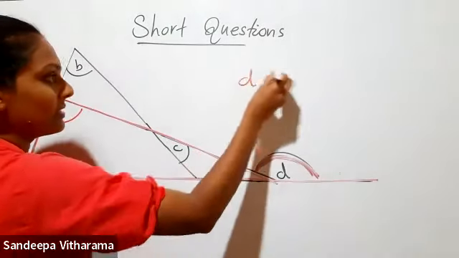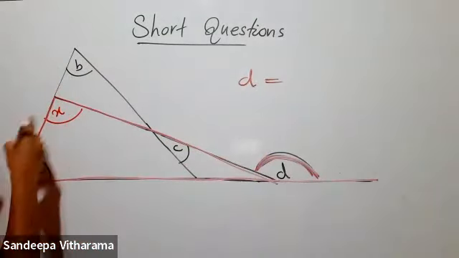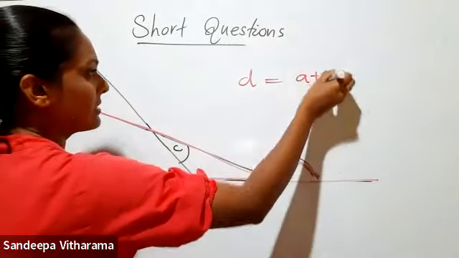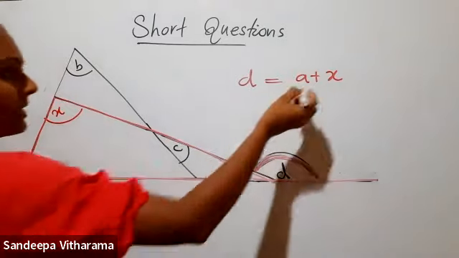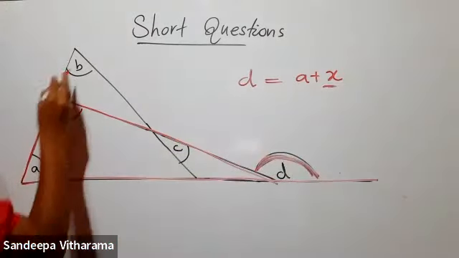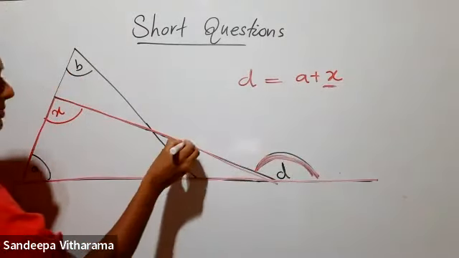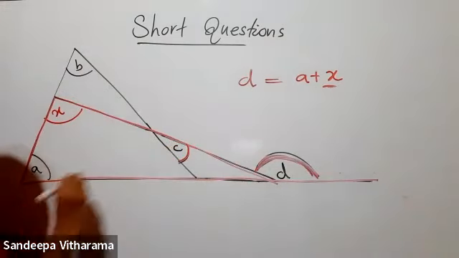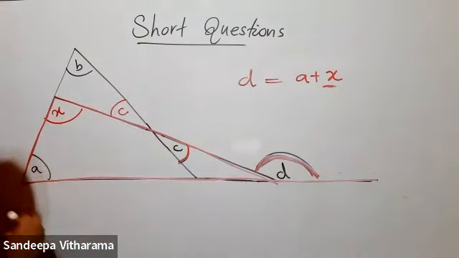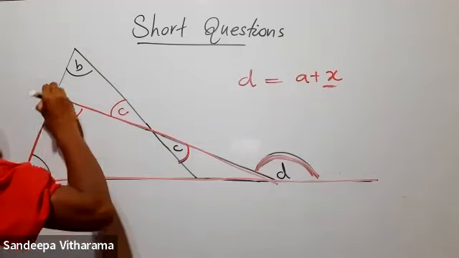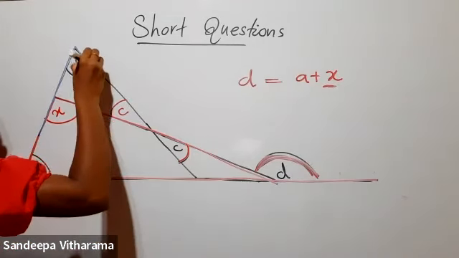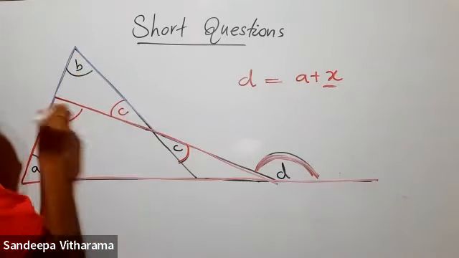So D is equal to A plus X. Then we have to express X in terms of B and C. You can identify this is C and this is also equal to C, because they are vertically opposite angles. Then this X is formed by producing one side of this triangle.